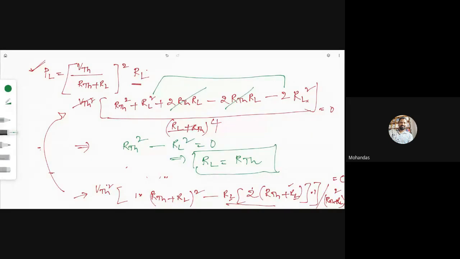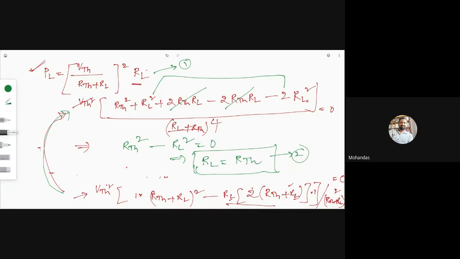Now, if you note down, after this step, write down this one. So RL equal to R Thevenin is the condition, let us say this is equation number 2 and this is equation number 1.